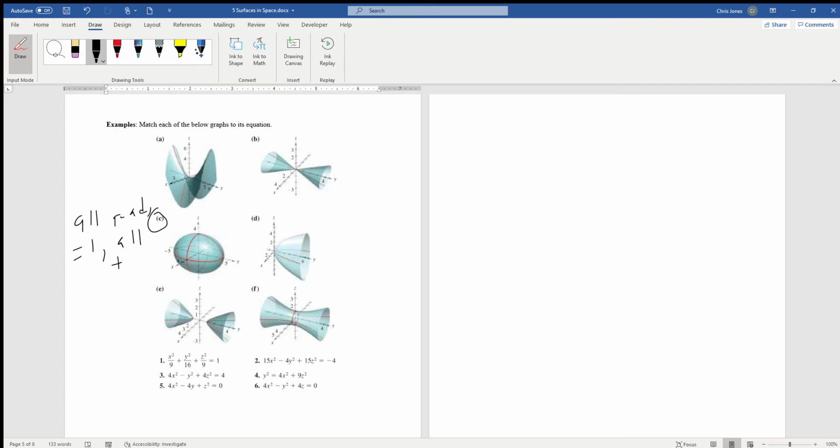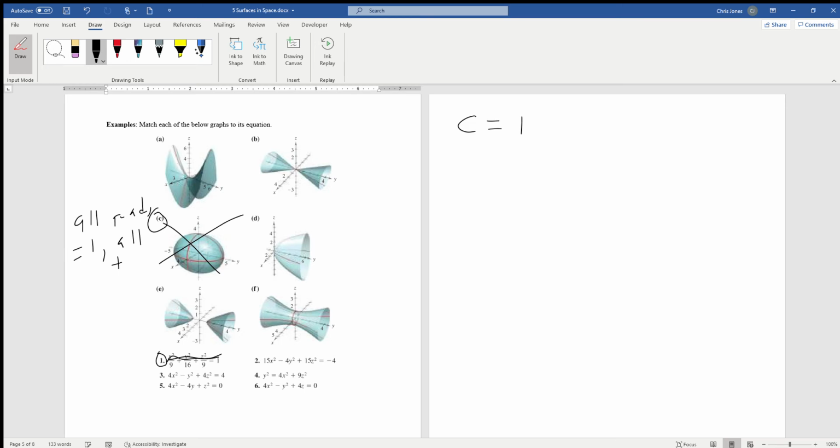That's really easy to see, so number 1 fits the ellipsoid definition perfectly. If I match this up, letter C would be equal to equation 1. That gets rid of this one, and that one.